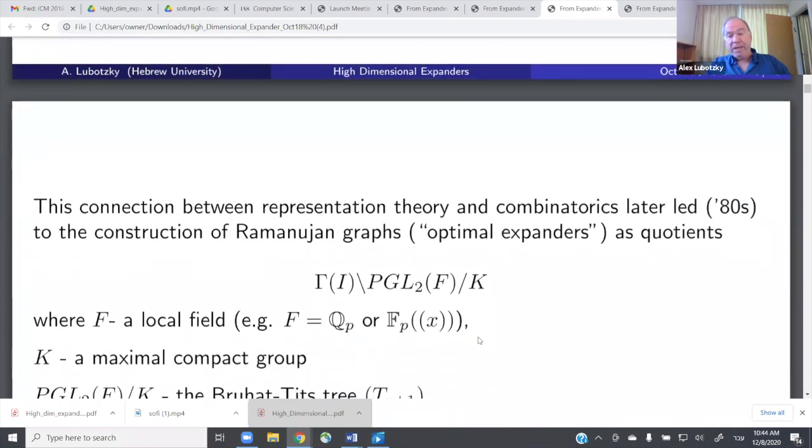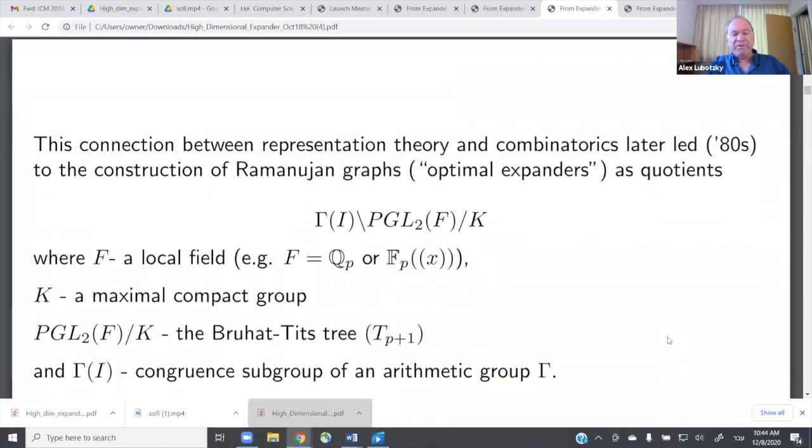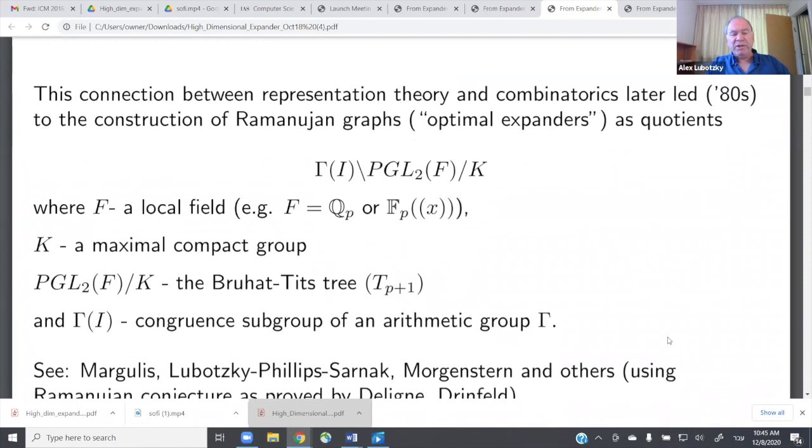Anyway, explicit construction of Ramanujan graphs was made by Margulis and by Phillips and Sarnak and myself in the 80s, and they were constructed in a very fancy way, which again I just hint at without going into much detail.